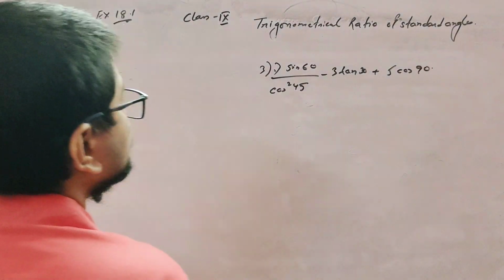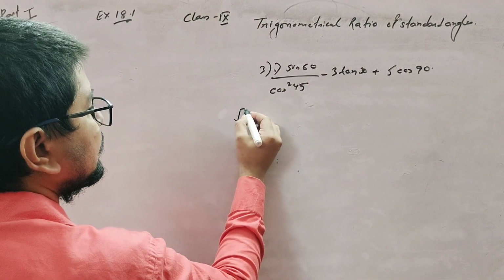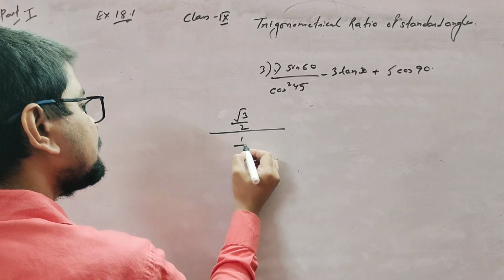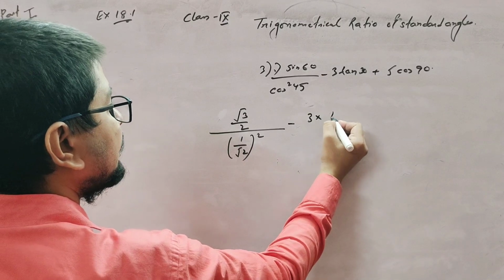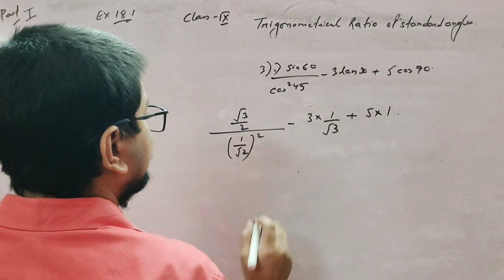Sine 60 is root 3 by 2, cos square 45 is 1 by root 2 whole square, minus 3 tan 30, tan 30 is 1 by root 3, plus 5 cos 90, cos 90 is 0.